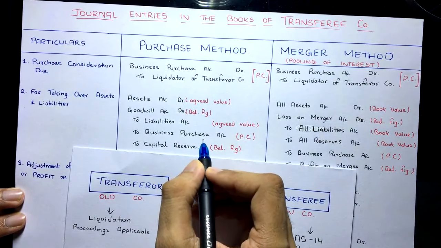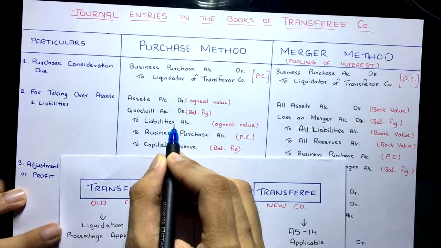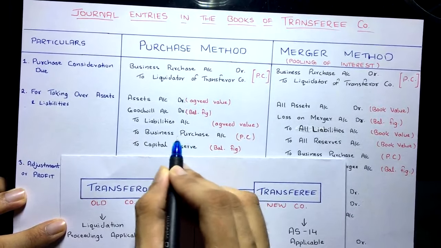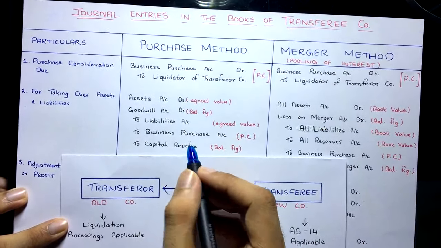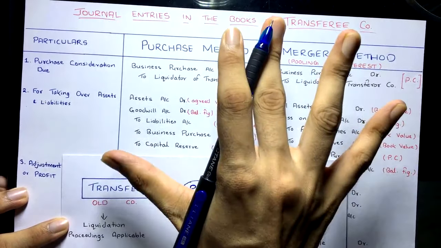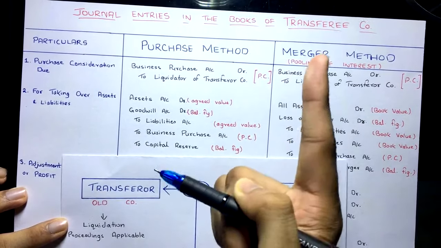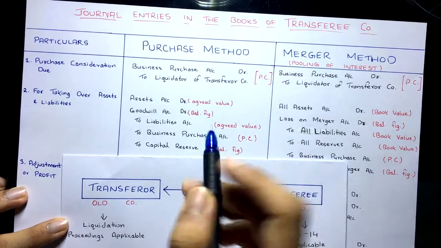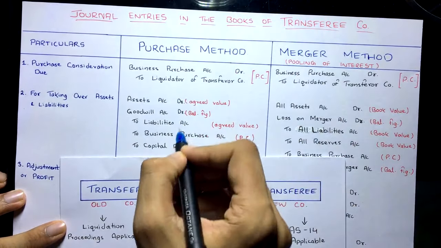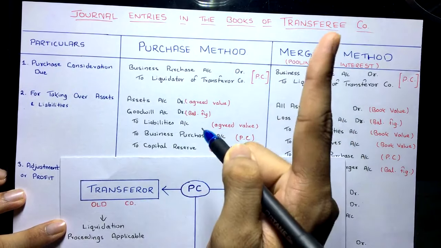So now what will happen? See here it is 10, here it is 4, and then here it is 5 lakh. So now net assets you have taken over of 6 lakh and you have paid only 5 lakh. So that means you have paid 1 lakh less. Because the purchase consideration is 5 lakh and you have taken net assets of 6 lakh, then you have made a gain of 1 lakh.